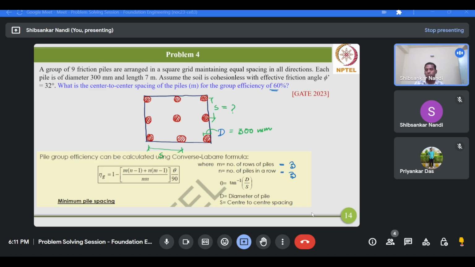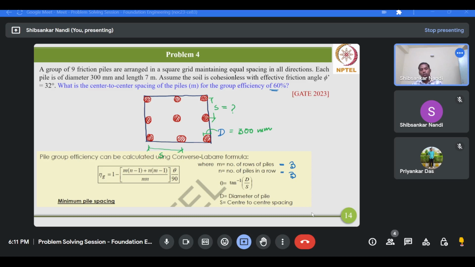Some minimum spacings are recommended for different types of piles, for example end bearing piles and friction piles. So please go through that aspect, to get an idea of what the minimum pile spacing should be for optimum group efficiency. I hope this is given in the lecture materials released on the portal.